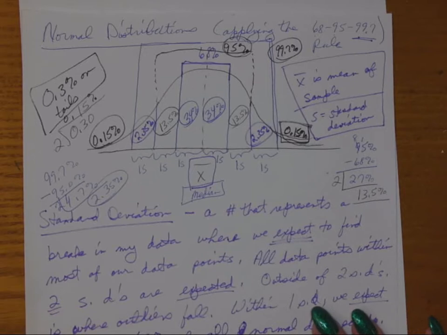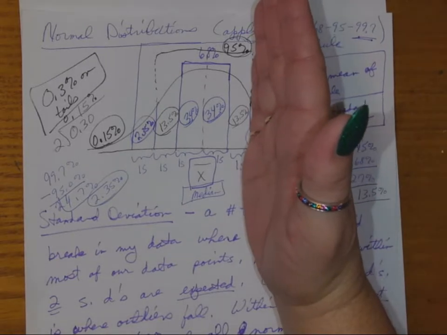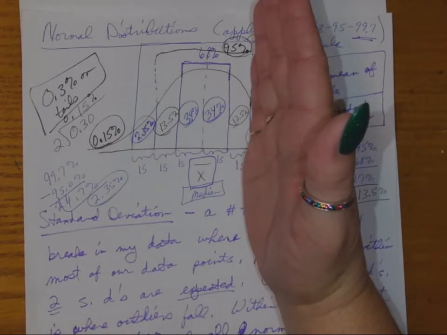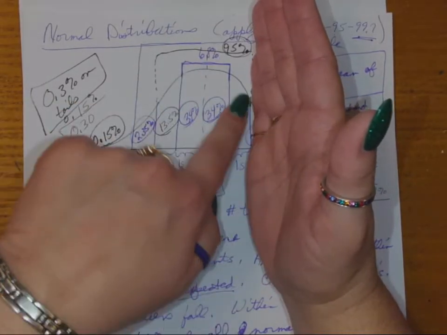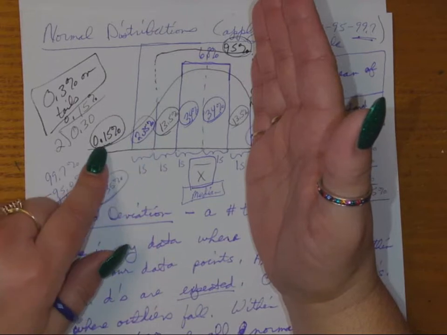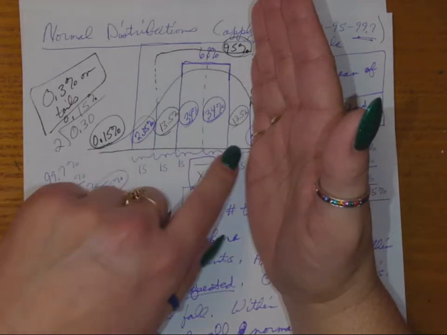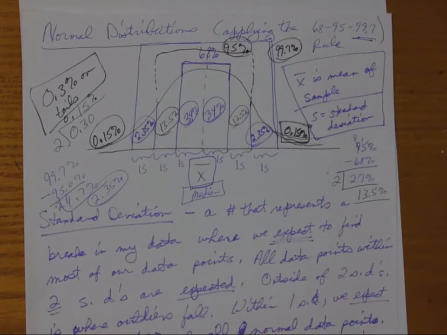So now if I have something that says what percentage of my data points are below the 2 standard deviations above this mean, then I can say, well, it's this 95% for sure that's in these 2 standard deviations, plus the 2.35, plus the 0.15. All of that percentage is the percentage of the data that's accumulated to the left-hand side of whatever my point is.